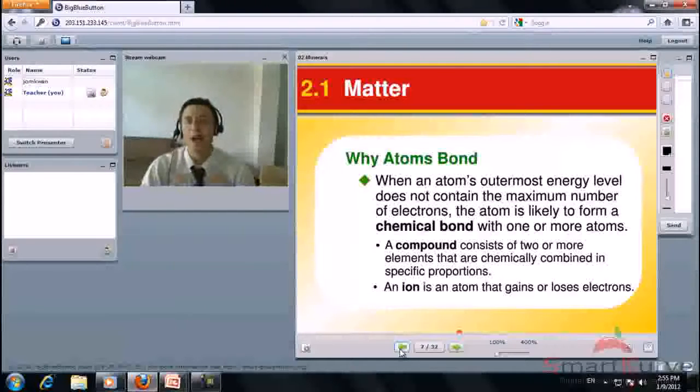So it will have an overall negative charge. If an atom loses an electron, then we will have more protons than electrons, so more positive charges than negative charges. So the whole atom will become positively charged.